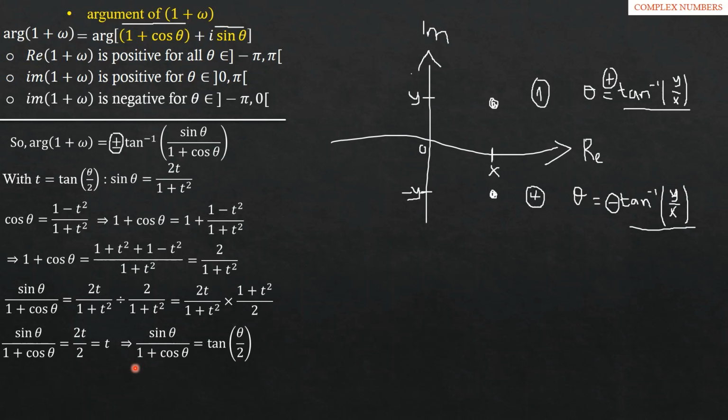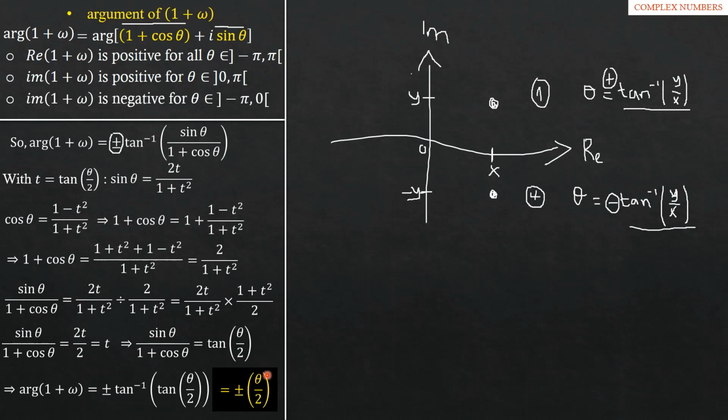So in essence, our argument of 1 plus omega is plus or minus tan inverse of tan theta on 2, because this quantity here is just tan theta on 2. But tan inverse of tan theta on 2 is theta on 2. So it means that our argument is simply plus or minus theta divided by 2. Okay, so we have gotten the modulus successfully, and we have gotten the argument successfully.